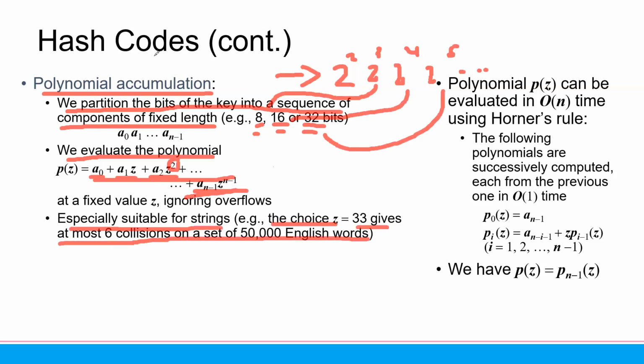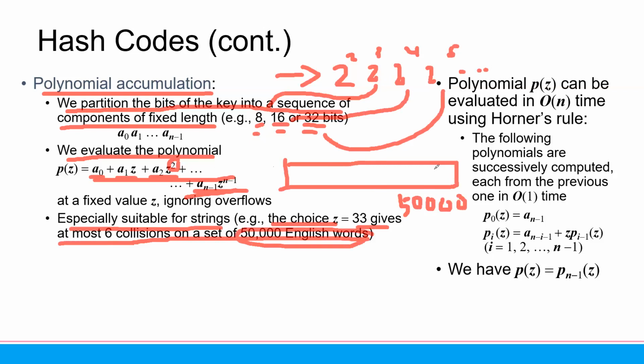In the dictionary, you will need to find out how you can place the English words. Let's say you have 50,000 English words. You want to make a list of size 50,000. If you make a list of size 50,000, of course, it will be very huge.